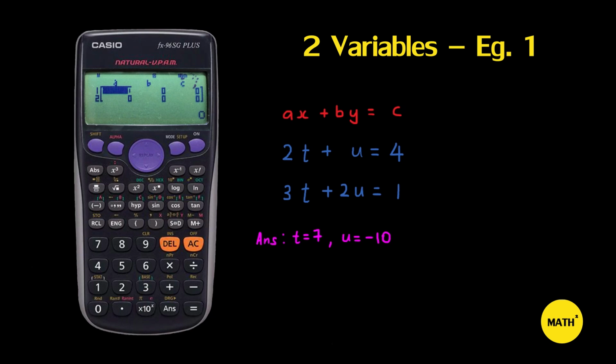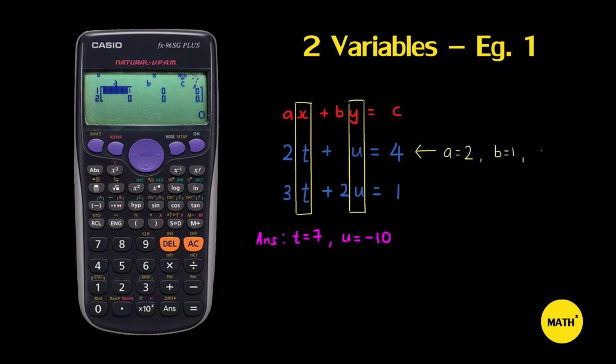First, we need to make sure that all the same variables are aligned. Like in this case, our x is equal to t and y is equal to u. Thus, for this equation, a is equal to 2, b is equal to 1, and c is equal to 4.